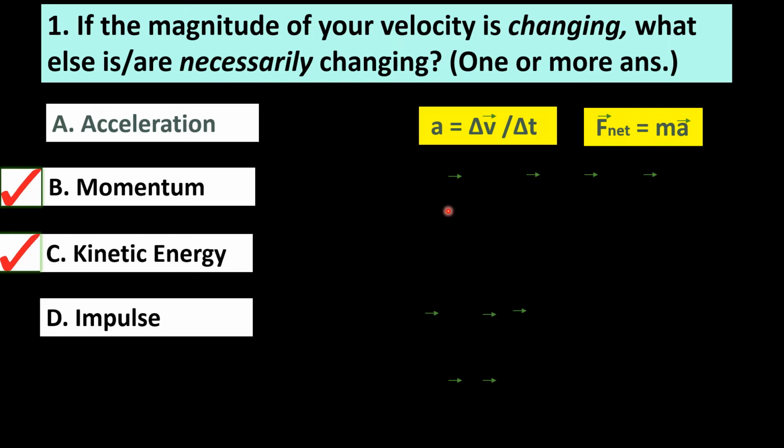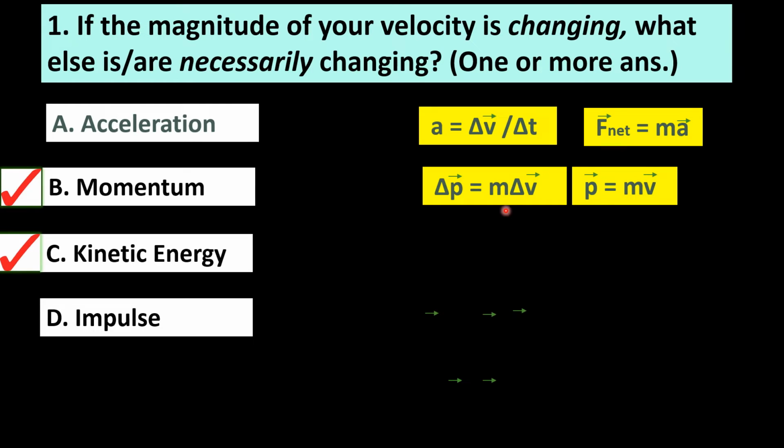Now, for letter B, momentum. If the velocity is changing, we say that automatically the momentum is also changing. Basically, we know that momentum P is equal to mass times velocity. So if the velocity is constant, it follows that the momentum is also constant. But if the velocity is changing, then the momentum is changing.